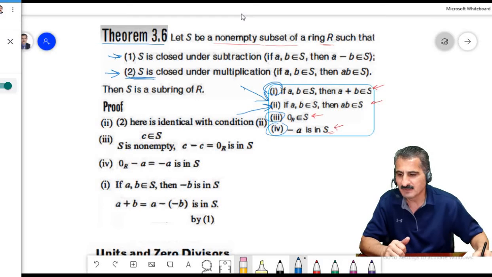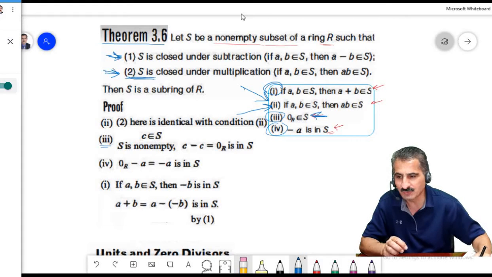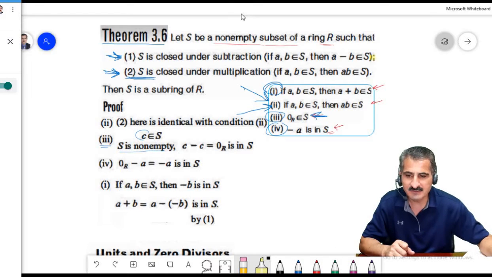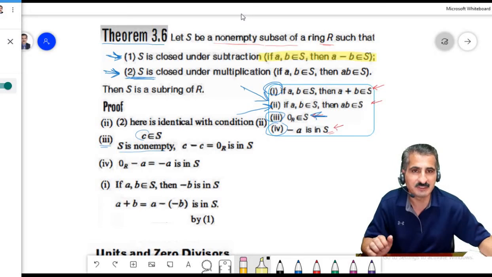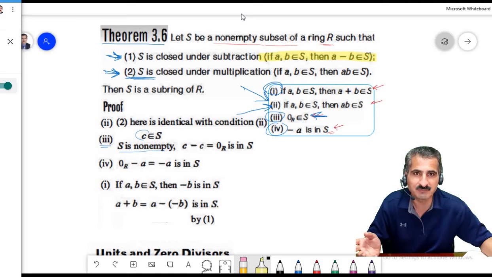Okay. Now to show condition 3, we want to prove that 0 belongs to S. Given these two conditions, we want to show that 0 belongs to S. Let's see. S is not empty, so it has some element C, okay? The first part in here says that if we have two elements in S, then their subtraction will be in S. I have already talked about what that subtraction means here.